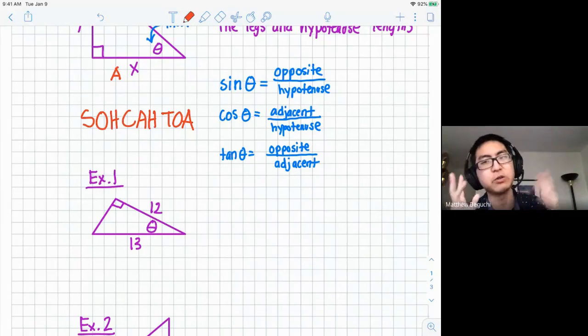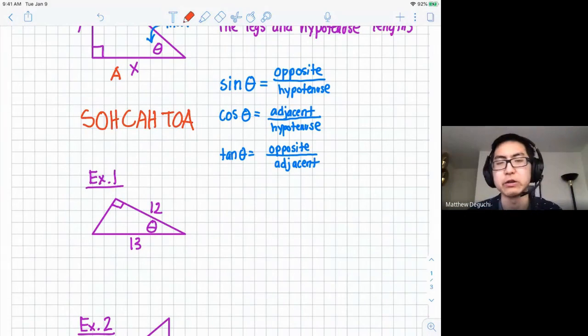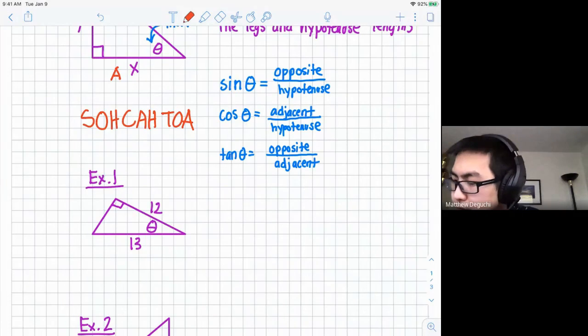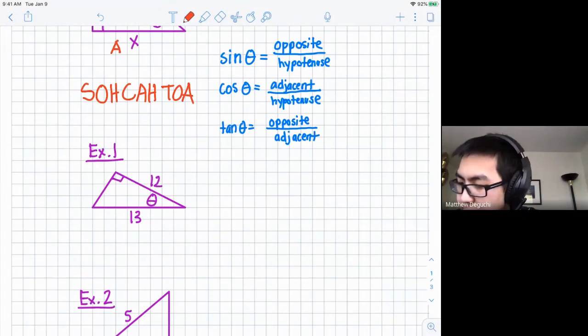That tells you which trig identity you can use to solve for this angle measurement. So in the perspective of this angle, this side is opposite, this side is adjacent to that angle measurement, and the one across from the 90 degrees, that's always hypotenuse.